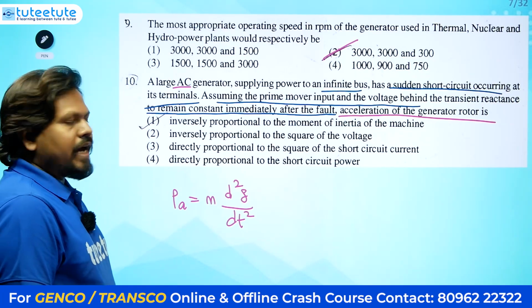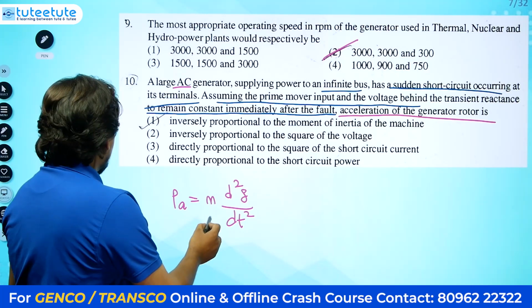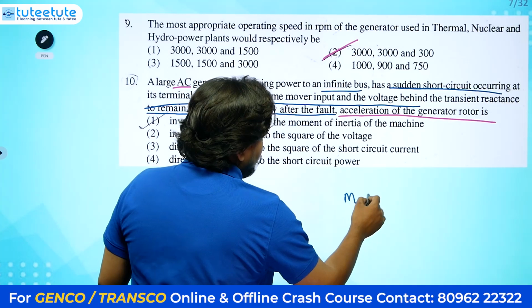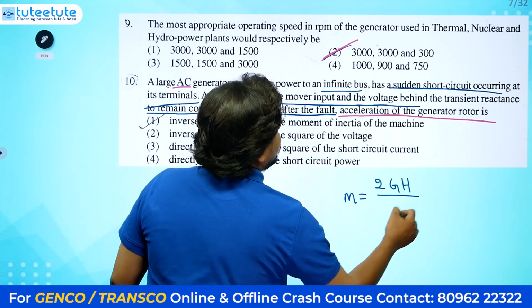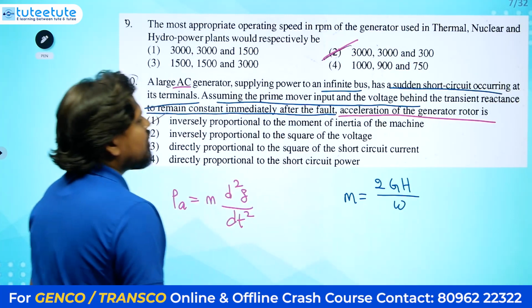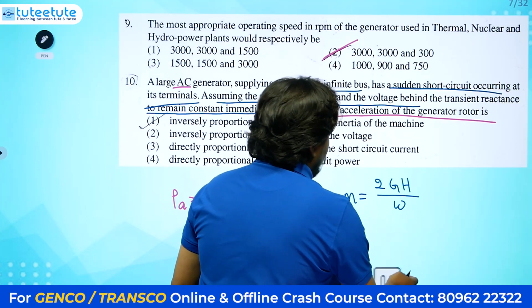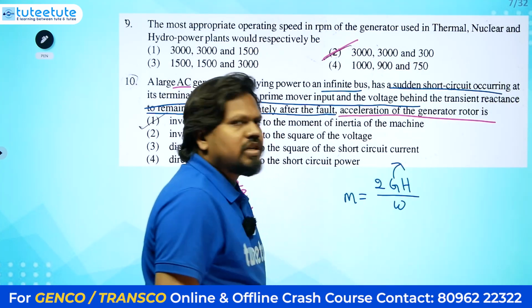We know the accelerating power from the swing equation. And what is the moment of inertia? It is nothing but 2GH divided by the angular velocity omega. So M is the moment of inertia, G is the rating of the machine, H is the inertia constant.